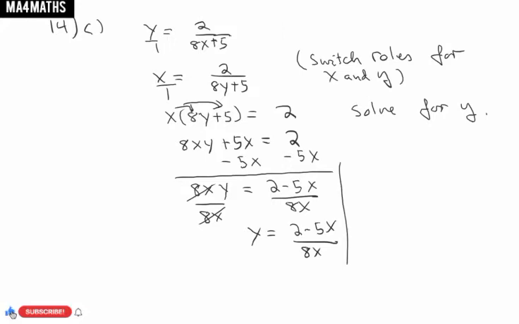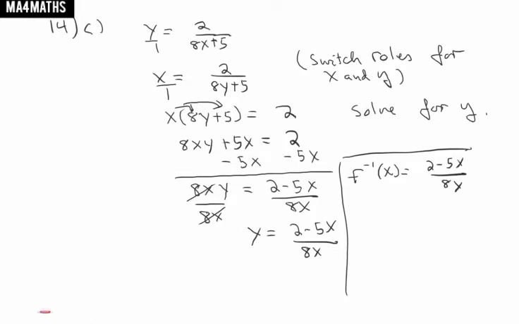And so ultimately, the inverse function, f inverse of x, is 2 minus 5x over 8x. Let me know if there are any questions on this. I would totally accept this as an answer.